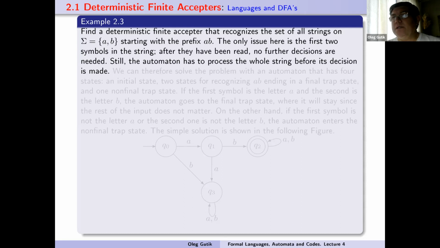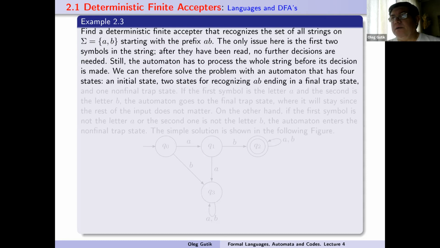Still, the automaton has to process the whole string before the decision is made. We can therefore solve the problem with an automaton that has four states: an initial state, two states for recognizing ab, ending in the final trap state, and one non-final trap state.